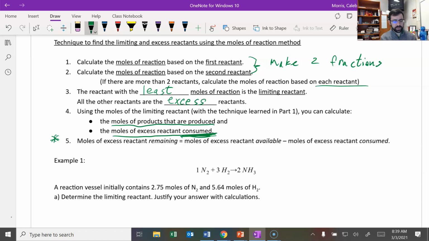Moles of excess reactant remaining is the moles of excess available minus the moles of excess consumed. What's available is given. What's consumed is found using the moles of reaction. So right here, we can calculate the moles of excess consumed. We're going to talk about some details of that and work through an example.